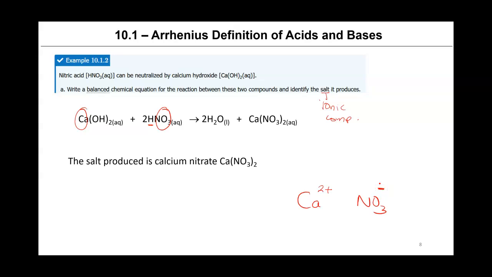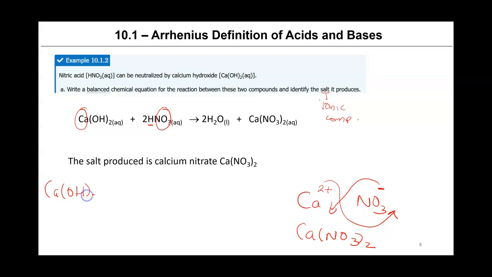So the nitrate anion, and we can double check that in a table of polyatomic ions, has a single negative charge. So now we use the crossover method to get the ratio of cations to anions, and we can see we need 2 nitrates for every 1 calcium.